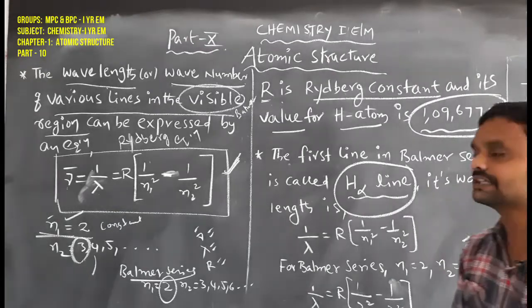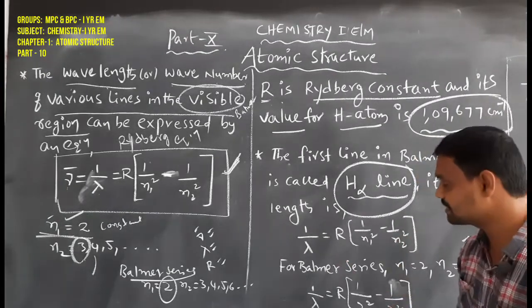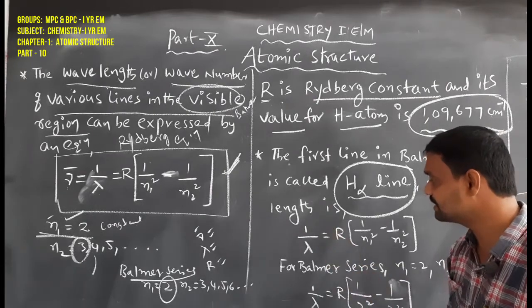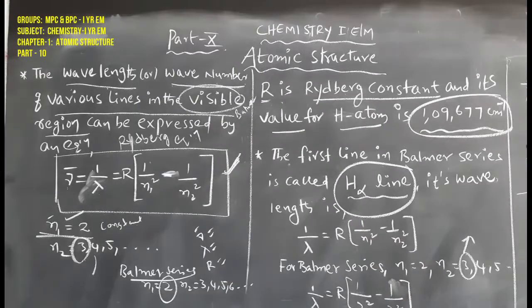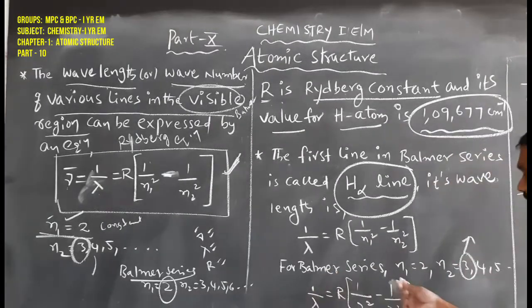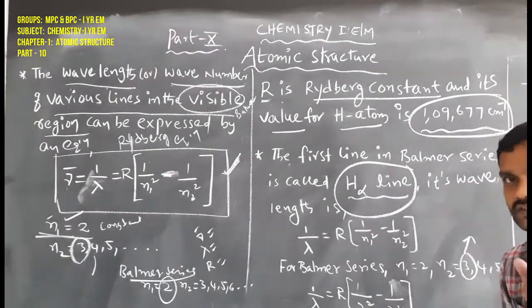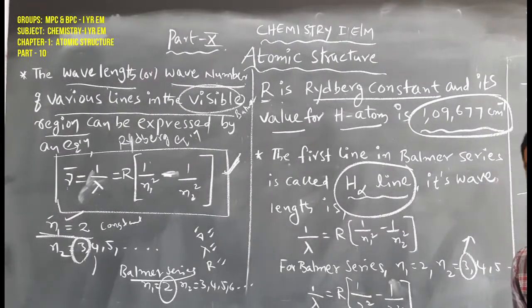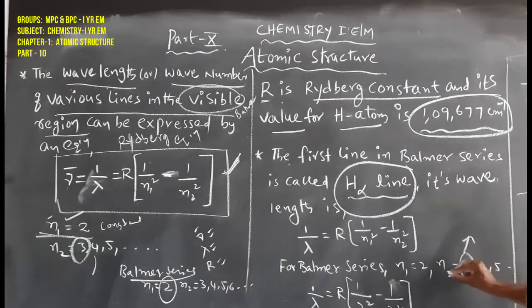Then, to find its wavelength, the formula is 1 by lambda equals capital R into 1 by n1 square minus 1 by n2 square. For the Balmer series, n1 equals 2 and n2 starts from 3, 4, 5, 6, 7, 8 up to infinity. But here, first line means we use n2 equals 3.